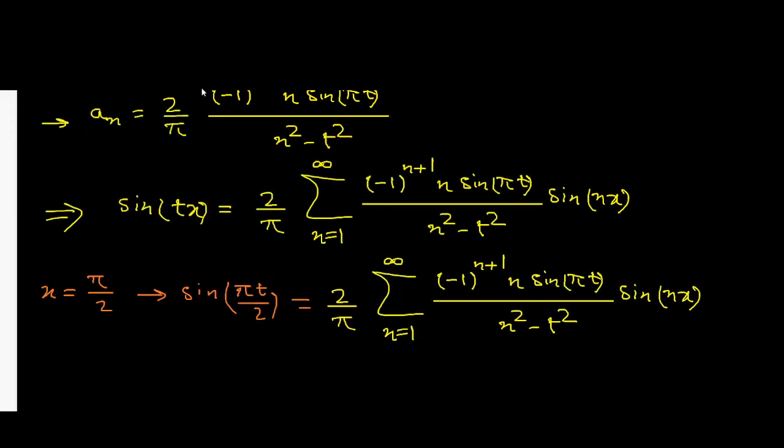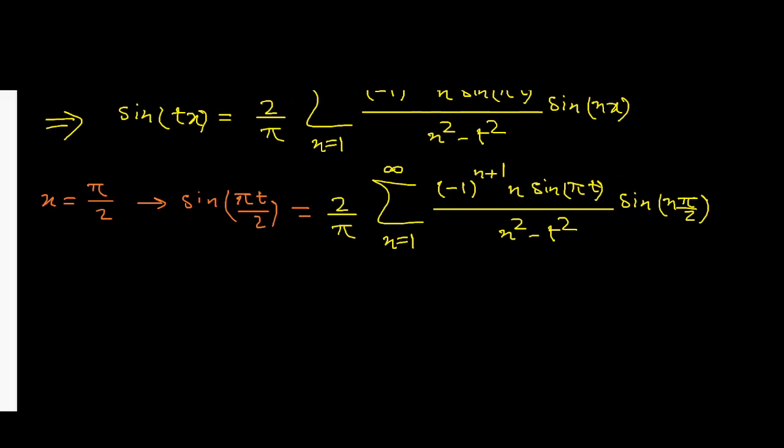And I'm going to change that x to pi by 2. Now, sine of n pi by 2 is 0 at even n's. So this series would contribute only when n is an odd integer. So I'm going to change all the n's to 2k plus 1 and start k from 0.